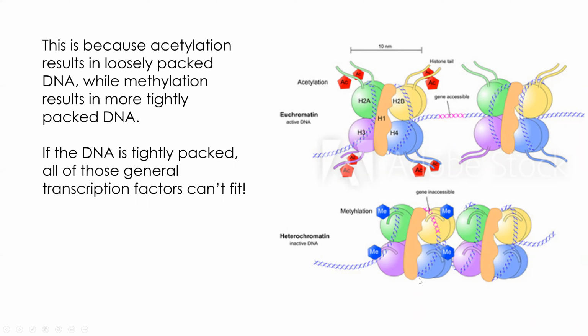And if the DNA is tightly packed, we do not allow access to that. So this is why we think about methyl groups tightening this up. This is why tightened chromatin makes it more difficult to express and transcribe these genes. And you can see I did pick a nice Adobe stock photo, but that's fine. So we've got acetylation contributing to looser, more accessible DNA, and methylation attributed to more inaccessible DNA.